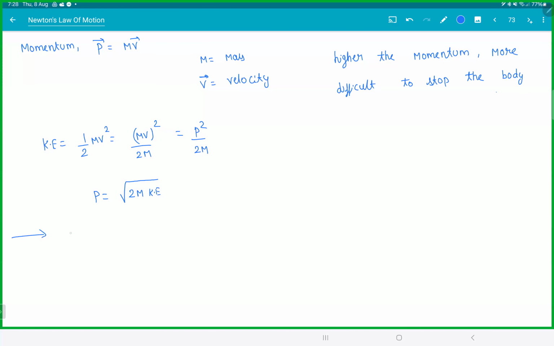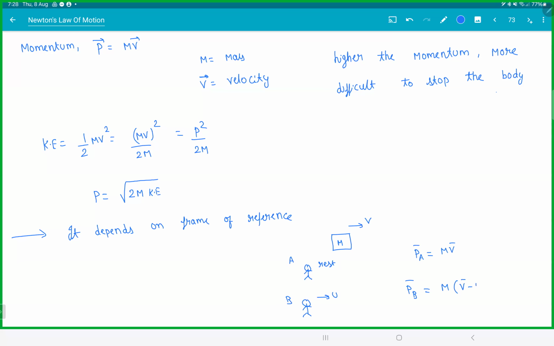And if you also see momentum, it's a frame dependent quantity. That means if you have a block here of mass m going with velocity v, and if you have a person A here at rest, and another person B here who is going with you, if you ask A what is the momentum, he will say m into v. If you ask B what is the momentum, he will say m into v minus u bar.